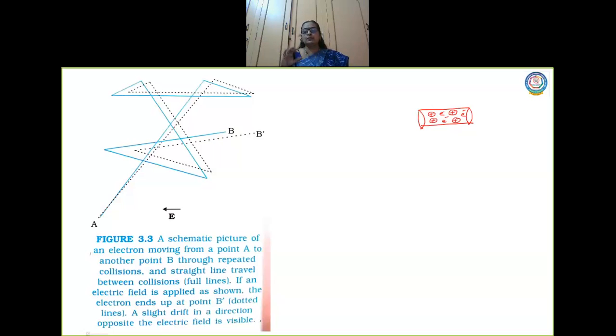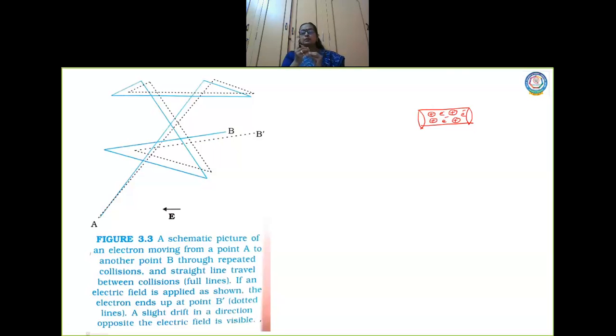When they move randomly inside the conductor, they come and hit the positive ions. Positive ions will not be able to move freely in a conductor because they are considered to be massive when compared to the electrons. So they will not be in a position to move, whereas these electrons will be very free to move in and around the conductor.